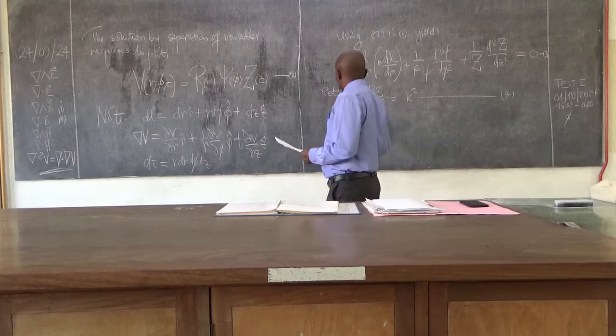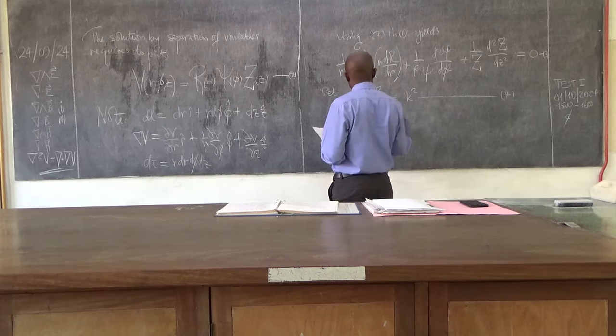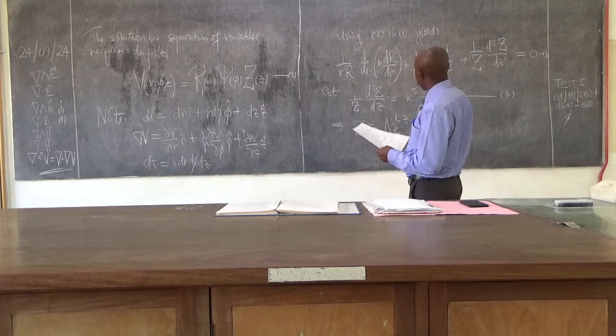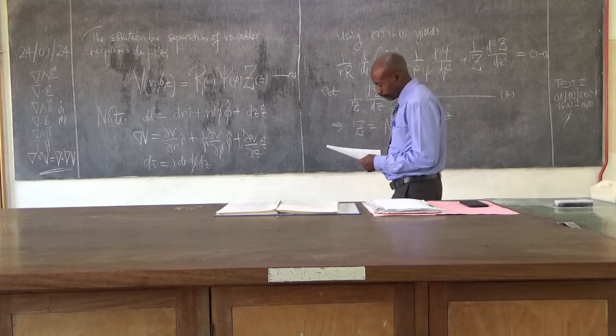This would imply, what is the general solution to this differential equation? What would be Z? It would be A exponential kz plus B exponential minus kz.